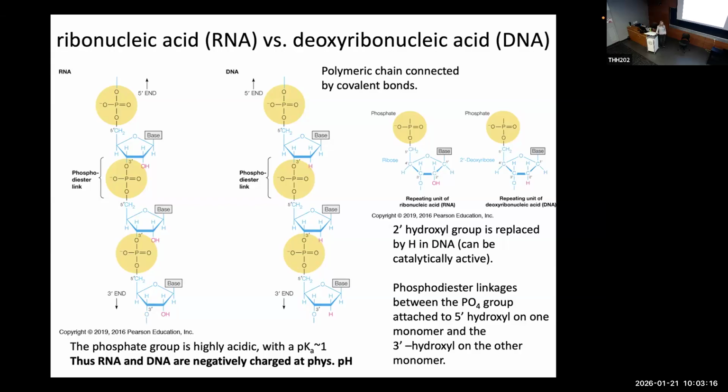And so if you have proteins that bind DNA or RNA, DNA binding proteins, RNA binding proteins, they tend to have positive charges on them where they sit down on this structure, which potentially are composed of amino acids with side chains that are positively charged. Okay. And that's why it's called nucleic acid. It's very acidic.